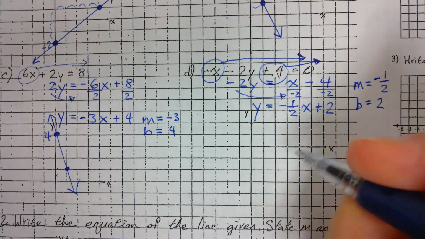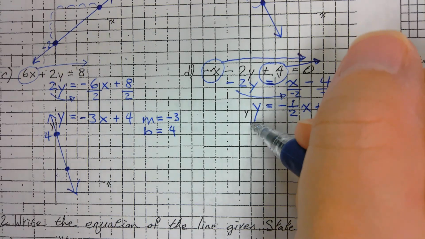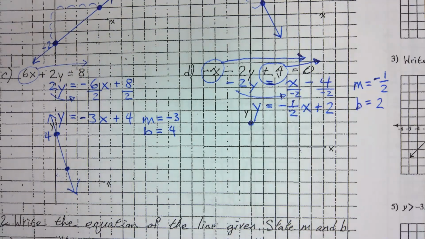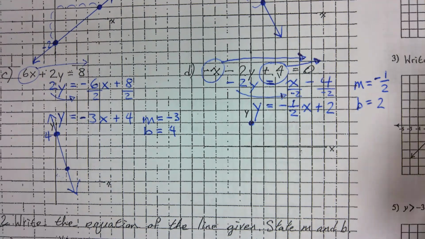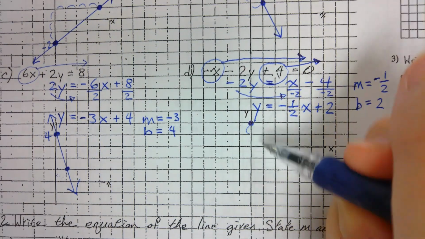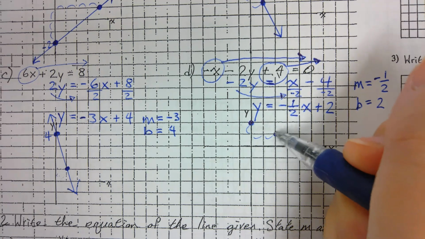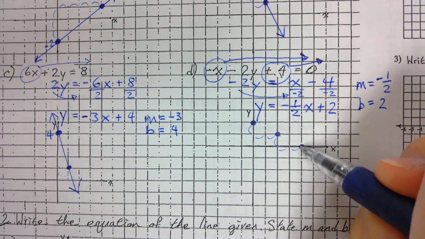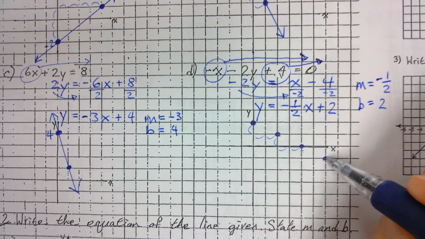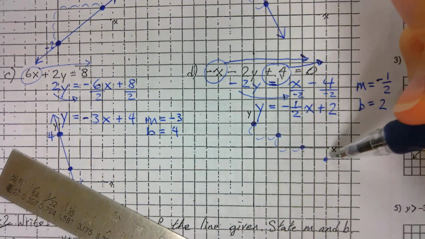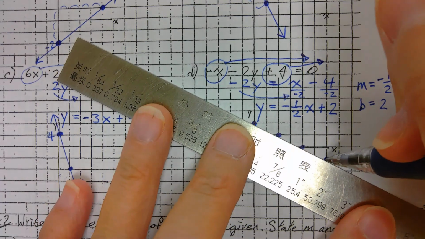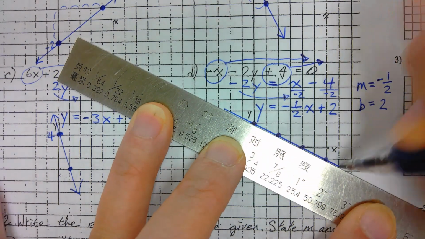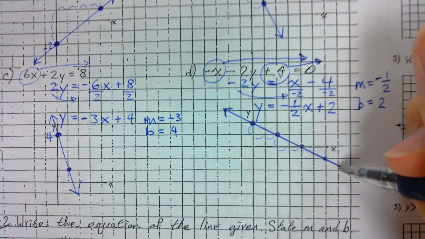So when you graph it, you're gonna plot the 2 first, and then down 1/2. So down 1/2. I can do this all day. Down 1/2, down 1/2, down 1/2. I can make as many points as I want on that line.